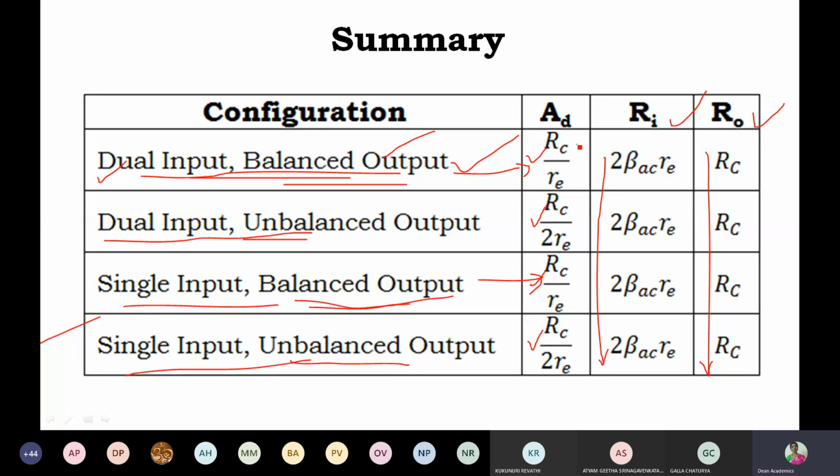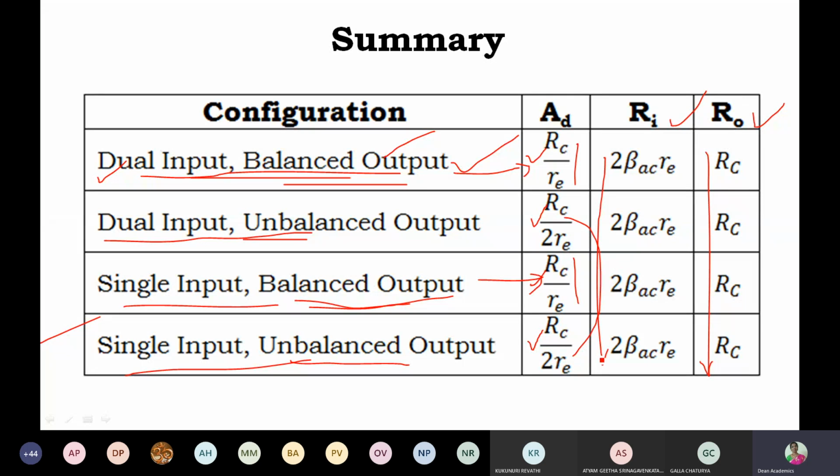And gain only: if the output is a balanced output, then gain is RC by RE. If the output is unbalanced output, gain is RC by 2 RE. That's all. So what we have learned in all these classes is summarized in this table.